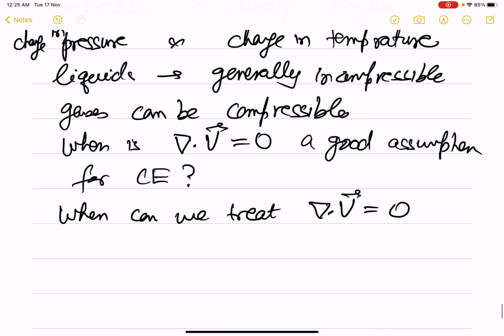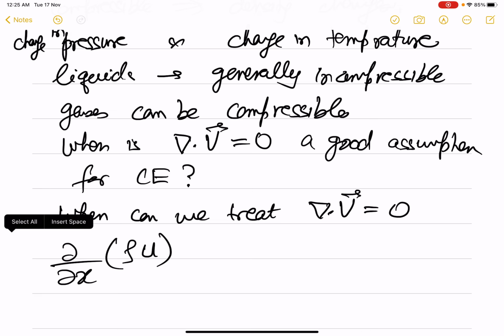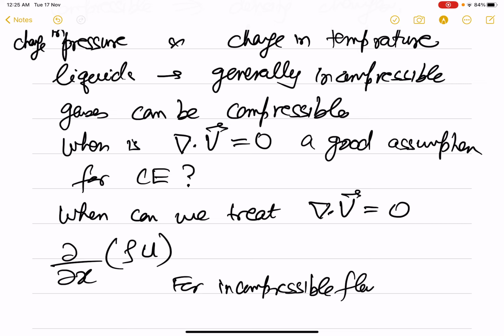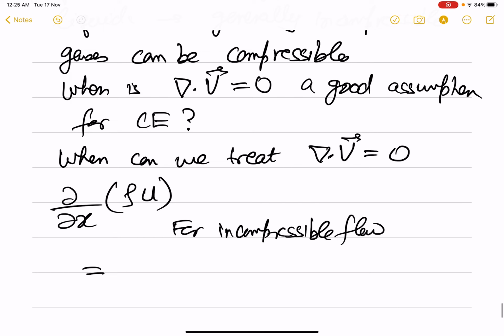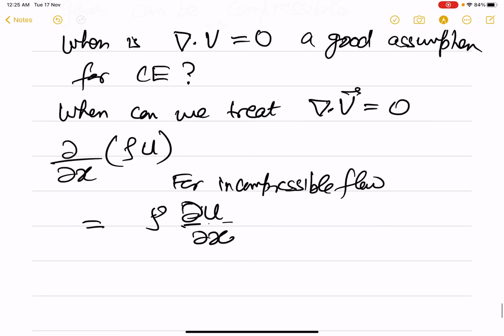Now let's look at our continuity. Let's look at just one term, d by dx of rho u, and if the flow is incompressible, this is equal to rho times partial u by partial x.